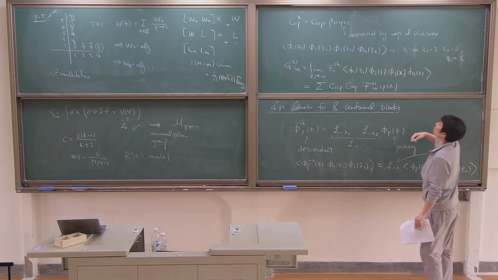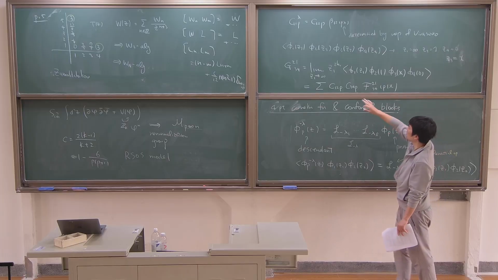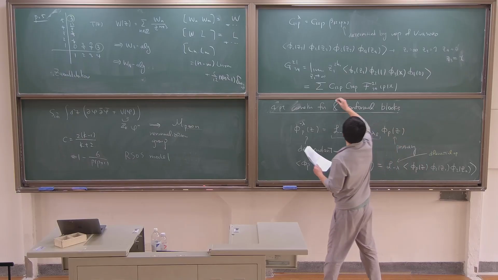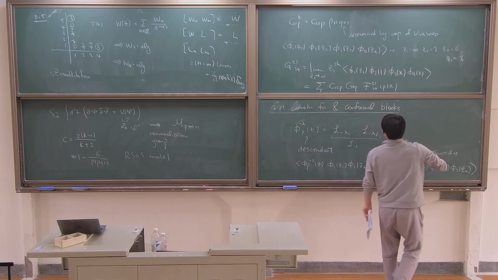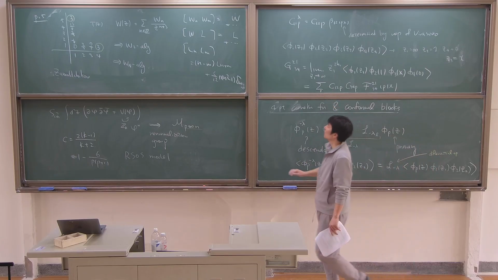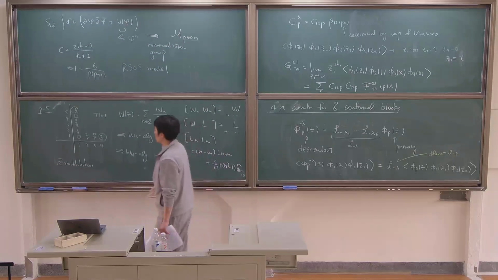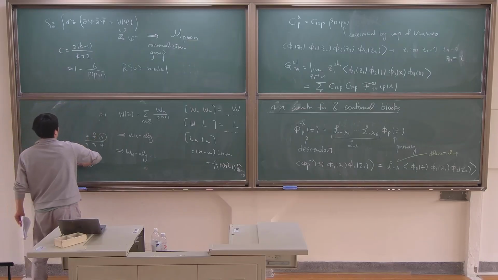So it's a 4-point function. Precisely speaking, this is only the holomorphic part, and this is a sum over P. Okay, so sum over P, and then I will explain what this means.